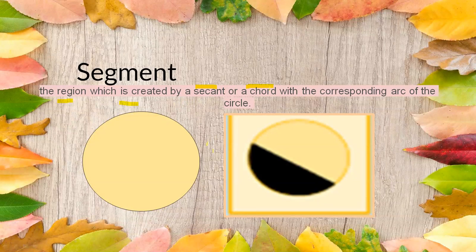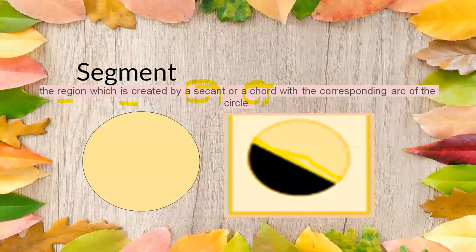Actually, a chord is a line that does not pass through the center, it passes through another line. We will learn the chord and the secant, then we can understand what a segment is.